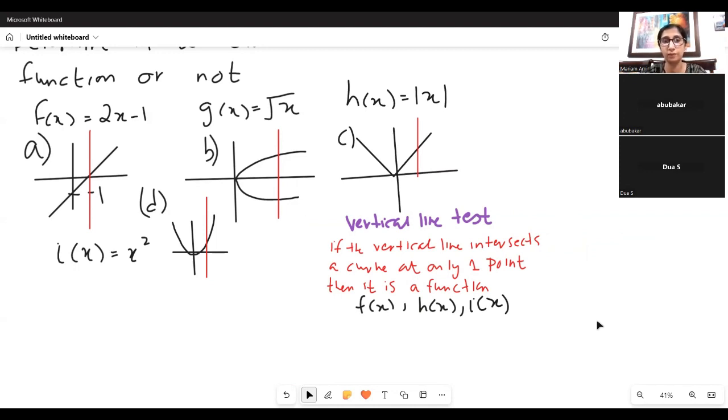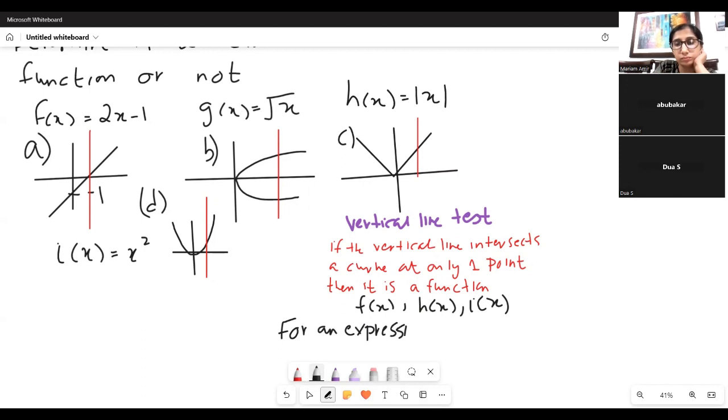Instead, you write the statement that I'm about to write. For an expression to be a function, each value of x must map on one unique value of y.